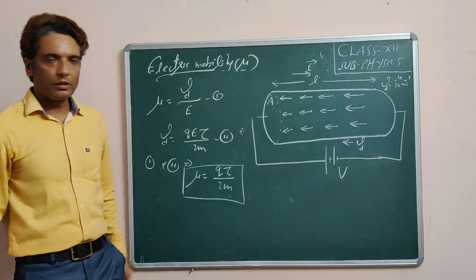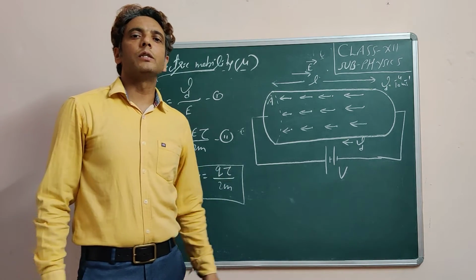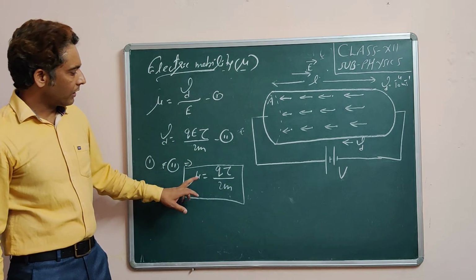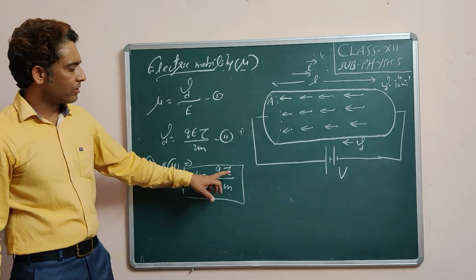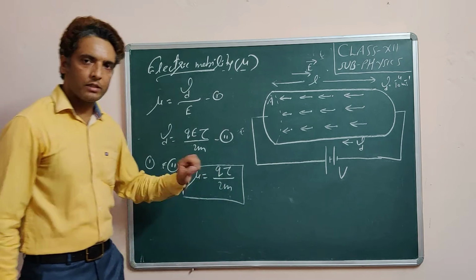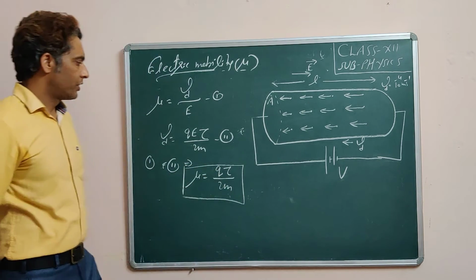This τ, as I said, is the average relaxation time, which is a function of temperature, meaning this electric mobility is also a function of temperature, and it also depends upon the magnitude of charge as well as the mass of the current carrier.